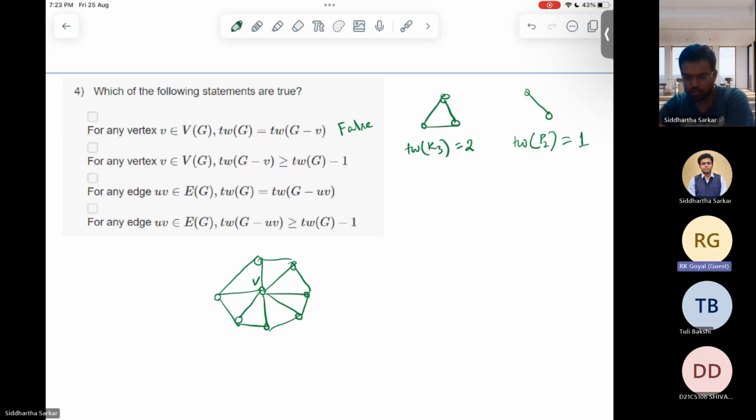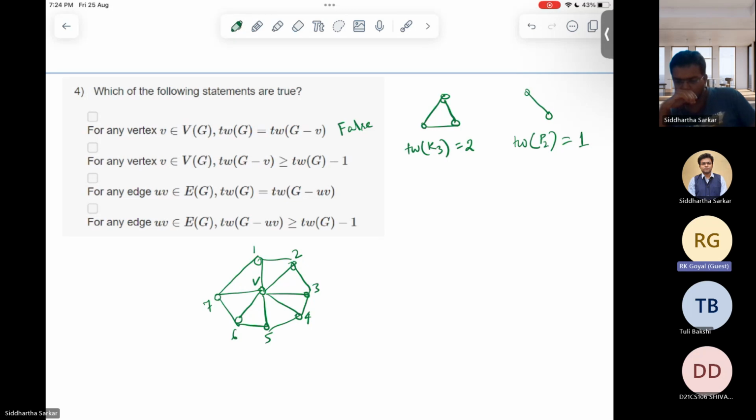Every vertex is connected to 1, 2, 3, and 1, 2, 3, 4, 5, 6. If I remove this one from here, then it will be 1.